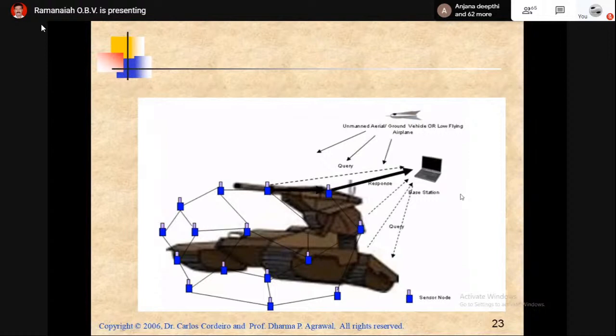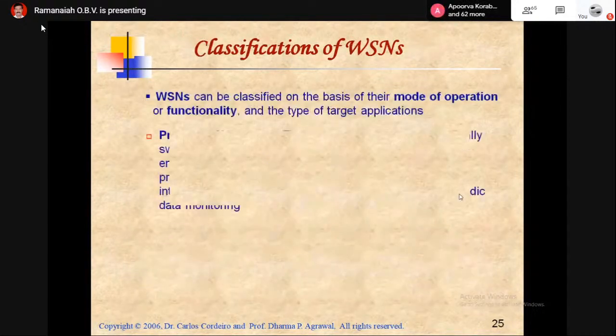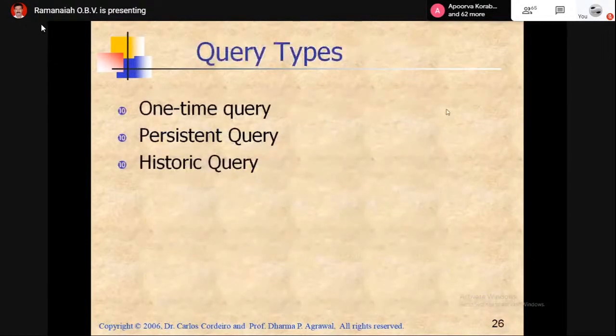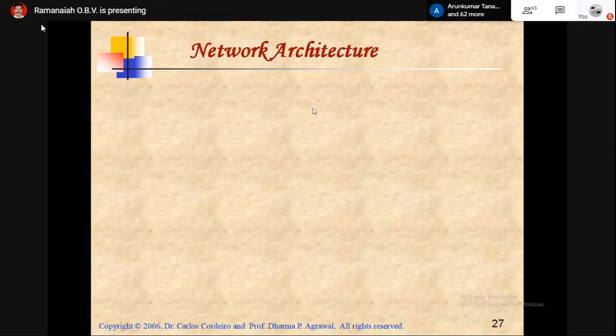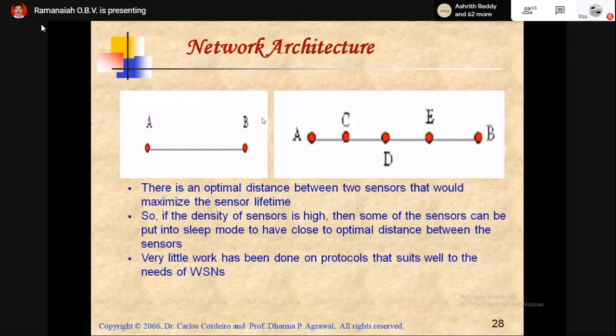This is to be indicated. The first part is query diffusion, second part is response forwarding, right? So that is important. You should also talk about the query types, network types, and then how to conserve the energy. This thing you should explain. That completes the network architecture.